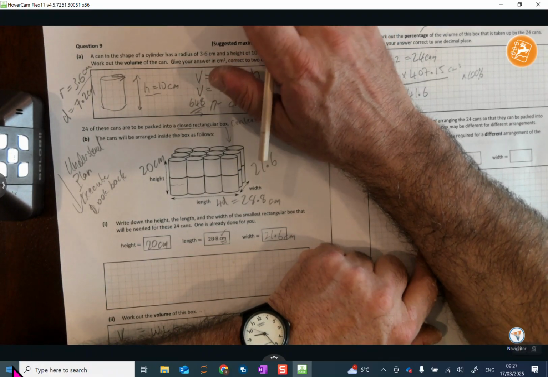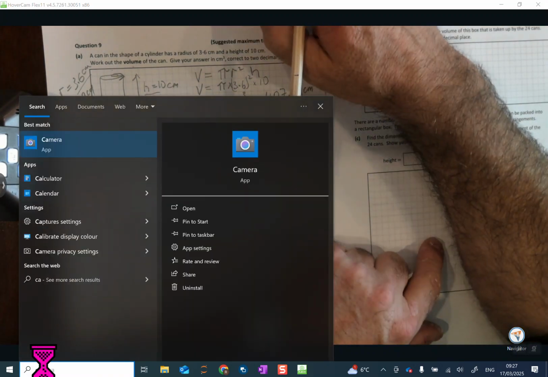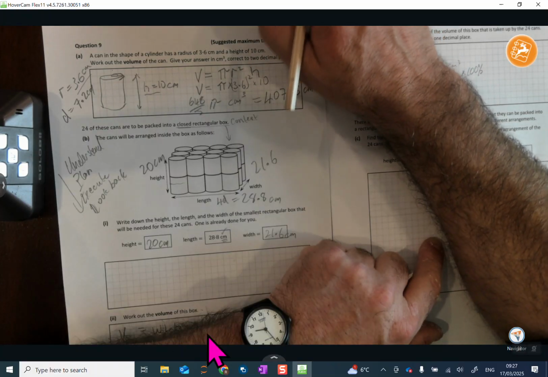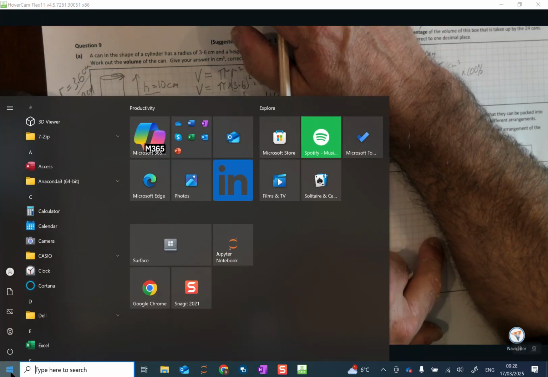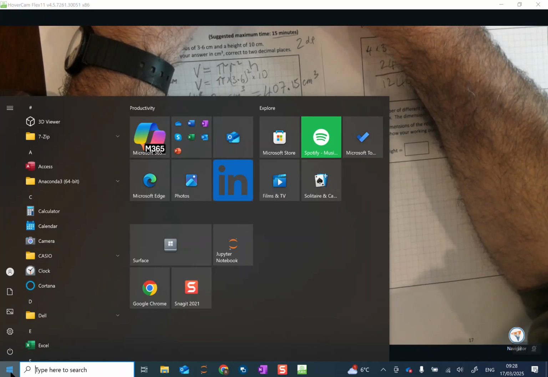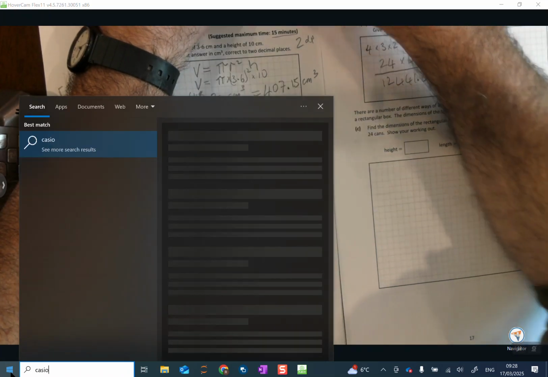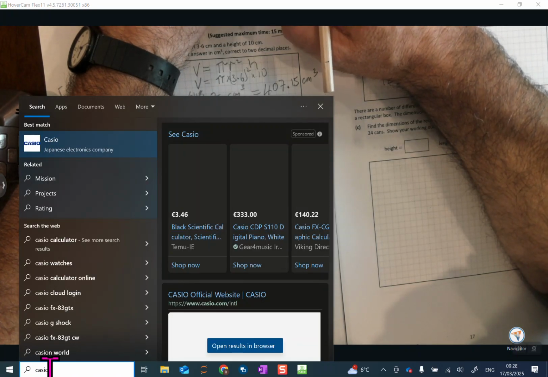Oh, I don't have the calculator. Casio. Hold your horses now. I want to get my calculator up without going into my operating system, and well, where's my shortcut? Buried somewhere. Hold on.